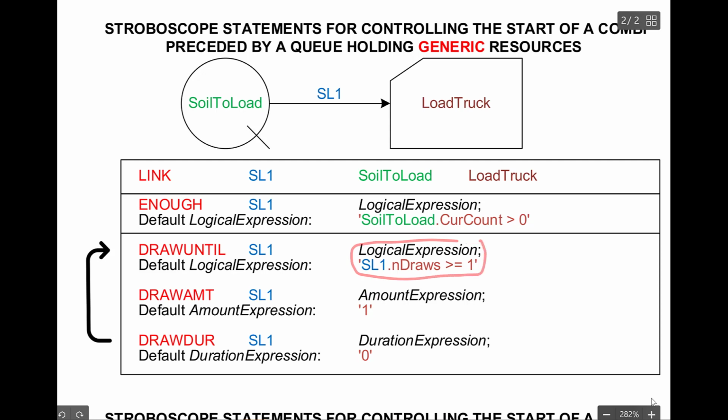The default logical expression for draw until is shown here, and it says to draw until the number of draws through link SL1 is greater than or equal to 1.